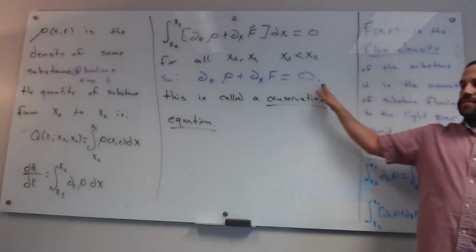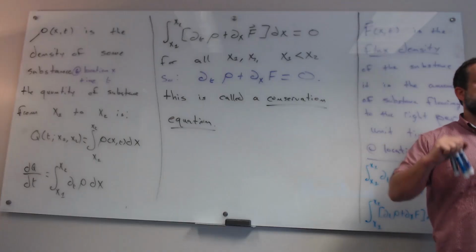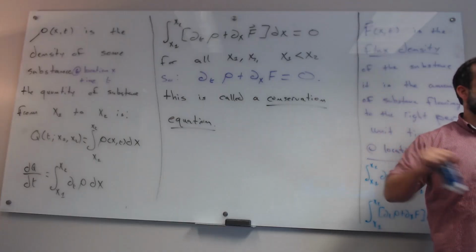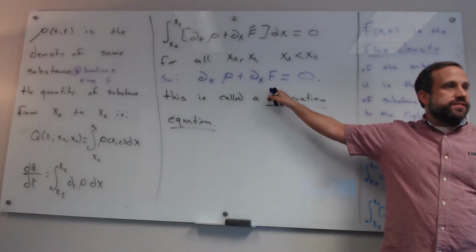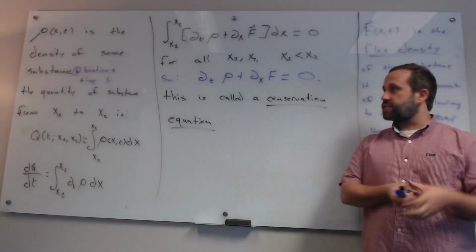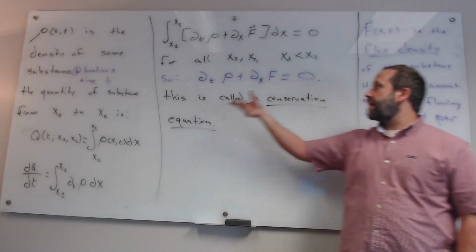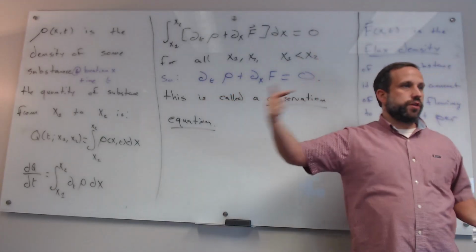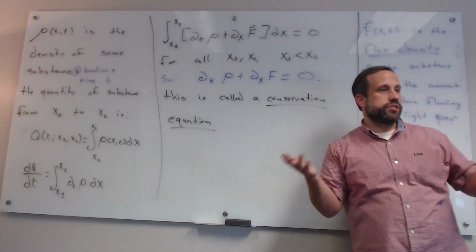All this equation says is that if there's no sources or sinks, this is just a math way of saying something like conservation of matter. Matter is neither created nor destroyed. If I look at a small section, the only way that the change in substance can be affected is through flow through the boundaries. And if there's no sources or sinks, that's intuitive.